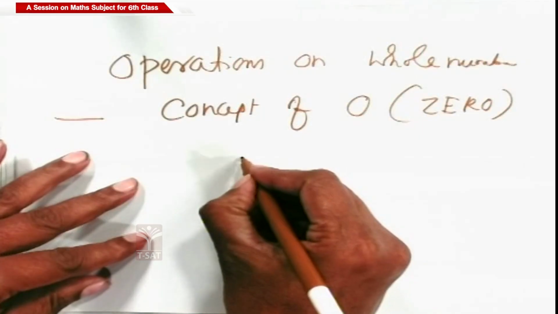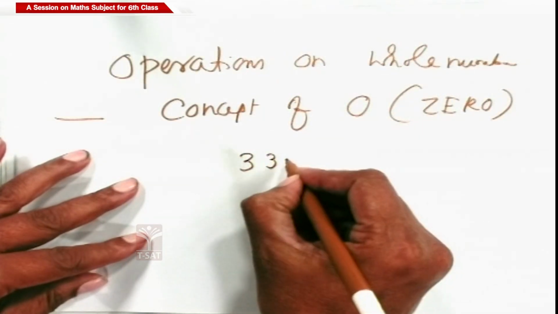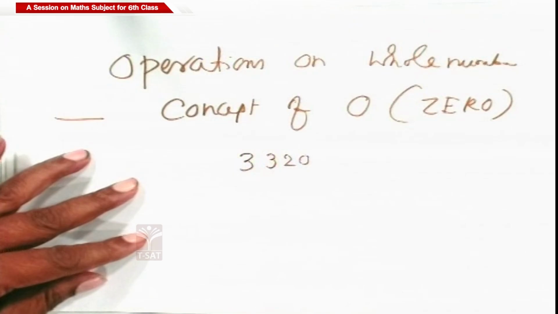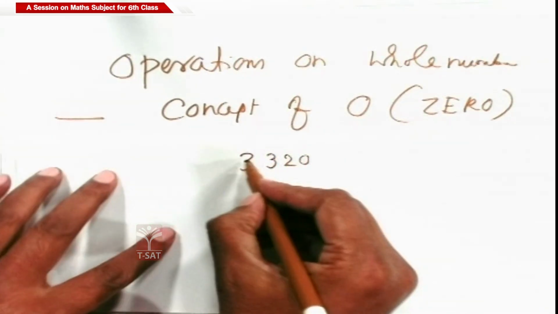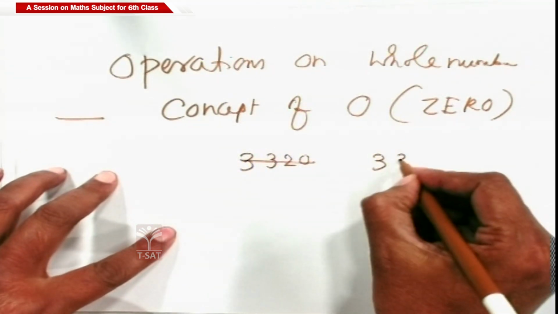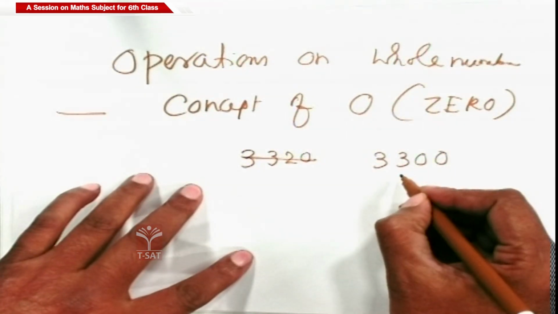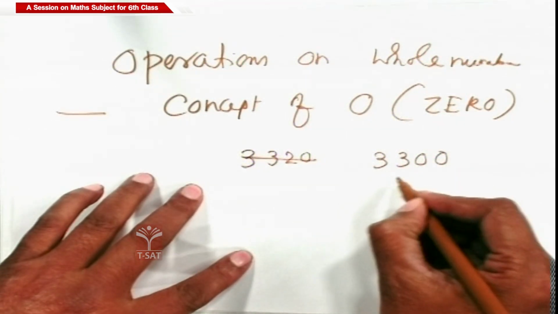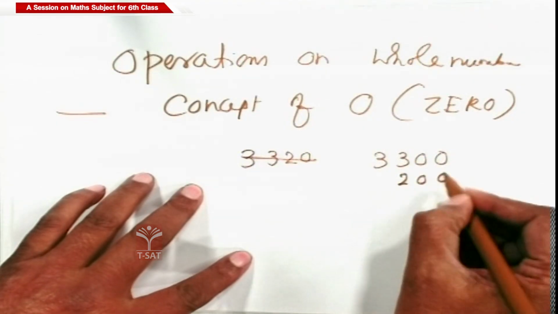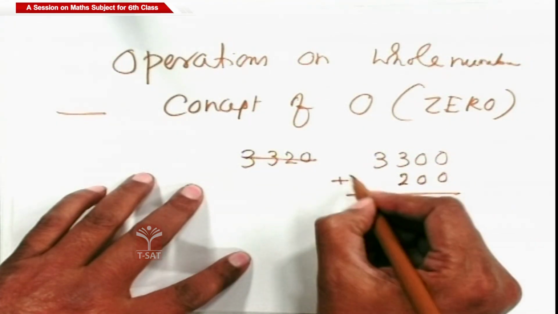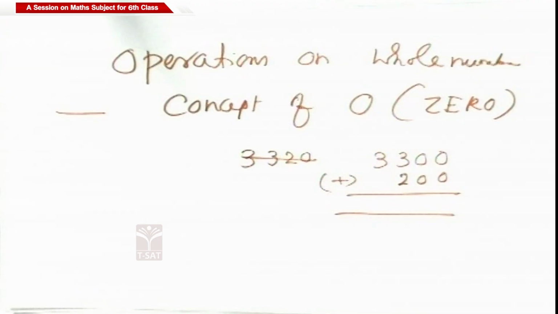See, for example, if you want to add 3,300 and then add 200, how to add it? Just with the help of these dummy notes, we can show.